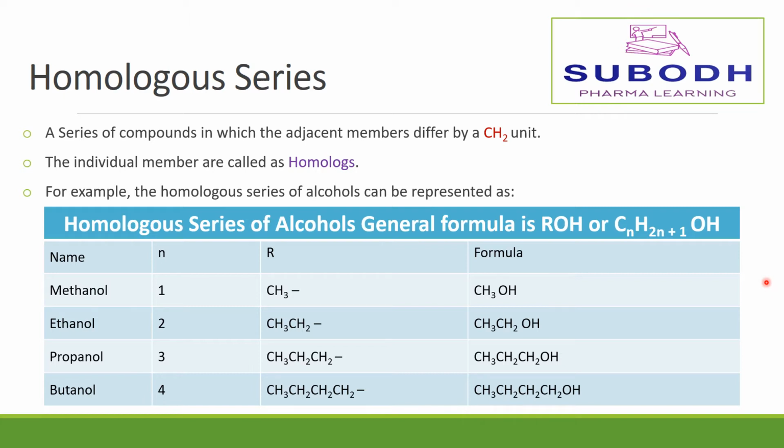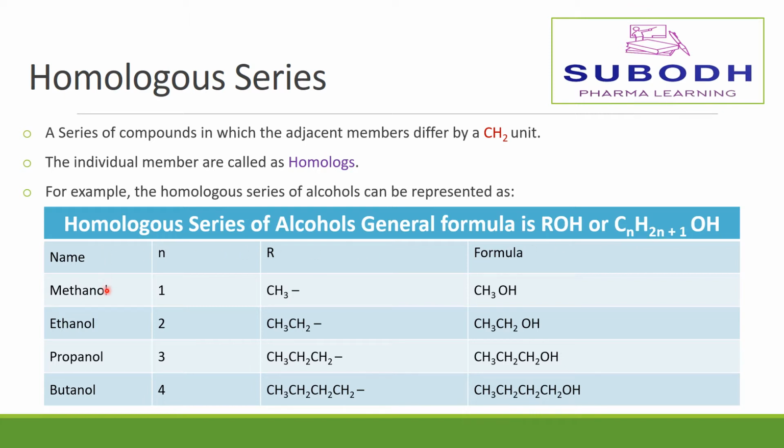given in this table. The general formula of alcohol is ROH or CnH2n+1OH, where R is the hydrocarbon portion and is often used to represent the alkyl group, and where n is the number of carbon atoms present in it.